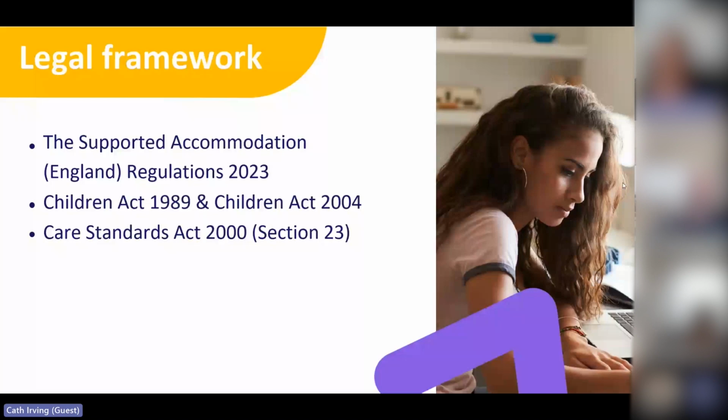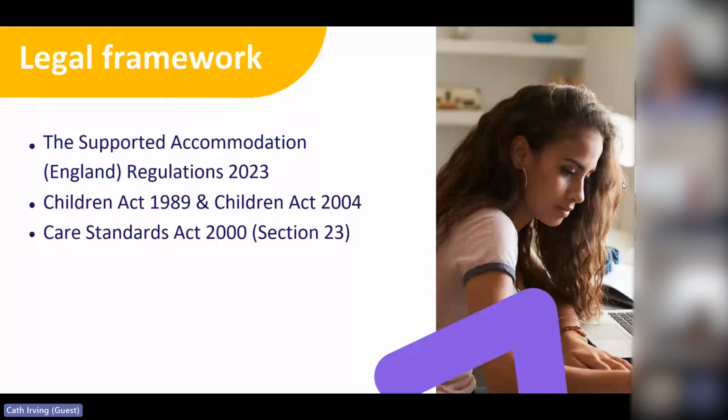The Supported Accommodation England Regulations 2023. The regulations define the quality standards that all providers must meet, as well as detail on the Ofsted-led inspections and the regulation regime. When I use the term regulations today, this is what I'm referring to. Within the regulations, the quality standards are really essential to that framework for supported accommodation.